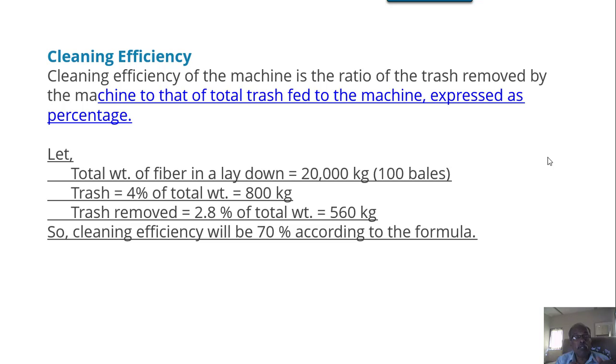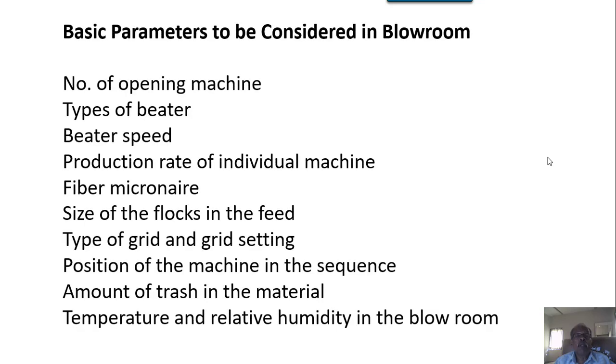If this cleaning efficiency is attained depending upon what kind of trash was present in the cotton, then we are satisfied with this. This is an offline test, and then we go further to the next department, that is the carding department. So cleaning efficiency measurement is the most important functionality, an indirect assessment of the performance of the blow room.